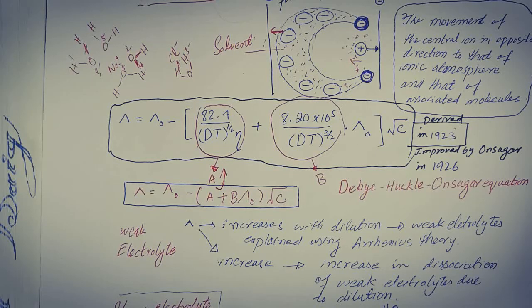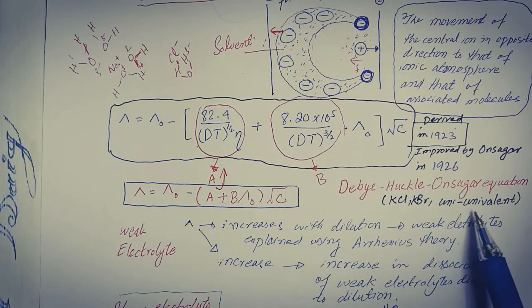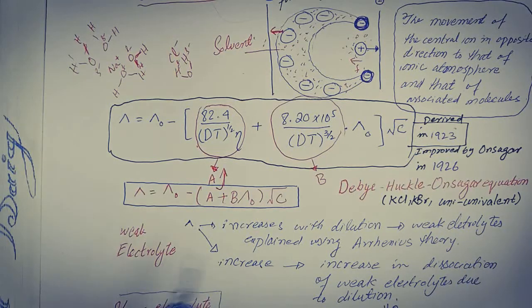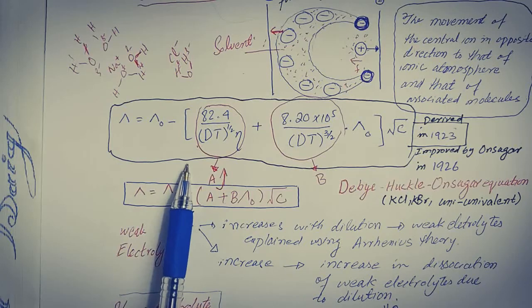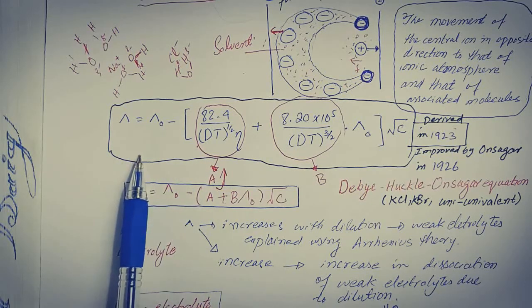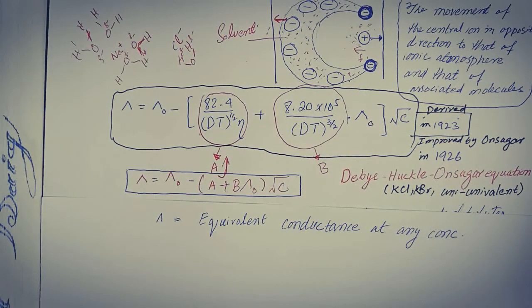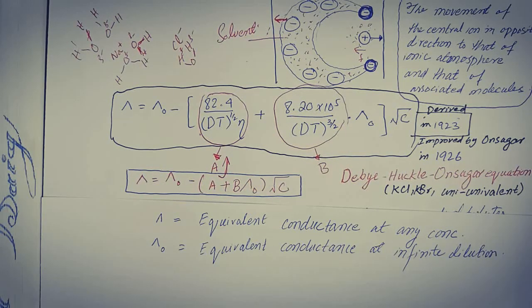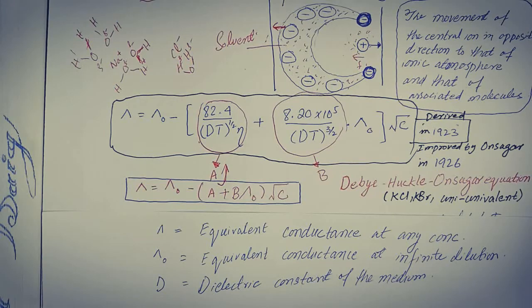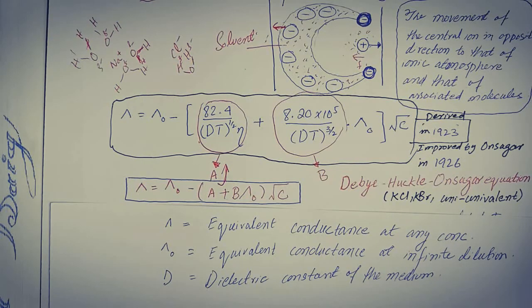If the electrolyte is univalent, like sodium chloride or potassium bromide, known as univalent electrolytes, then the equation is as follows, where capital lambda is the equivalent conductance at any concentration, and lambda naught is the equivalent conductance at infinite dilution. D is the dielectric constant of the medium.